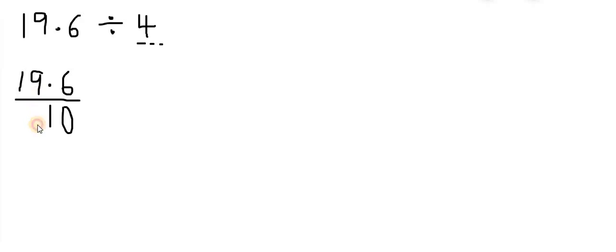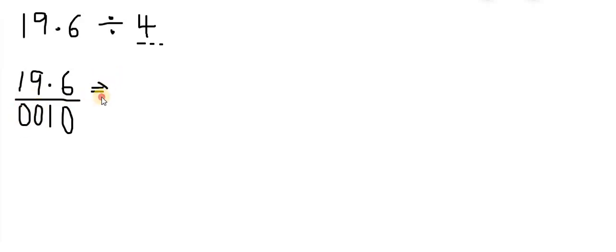19.6 divided by 4. Now, once again, 19.6 is a fraction. The point represents a 1 below the line. 6 represents a 0, 9 represents a 0, 1 represents a 0.